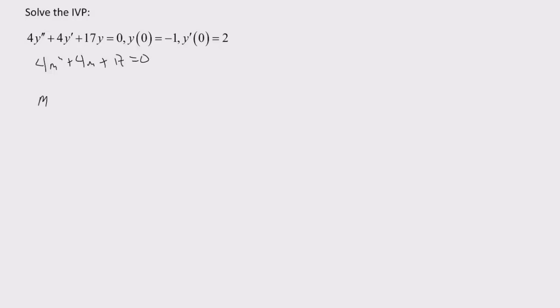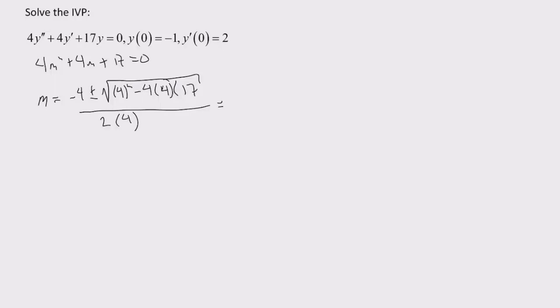So m equals -4 plus or minus the square root of 4 squared minus 4 times 4 times 17, all over 2 times 4.